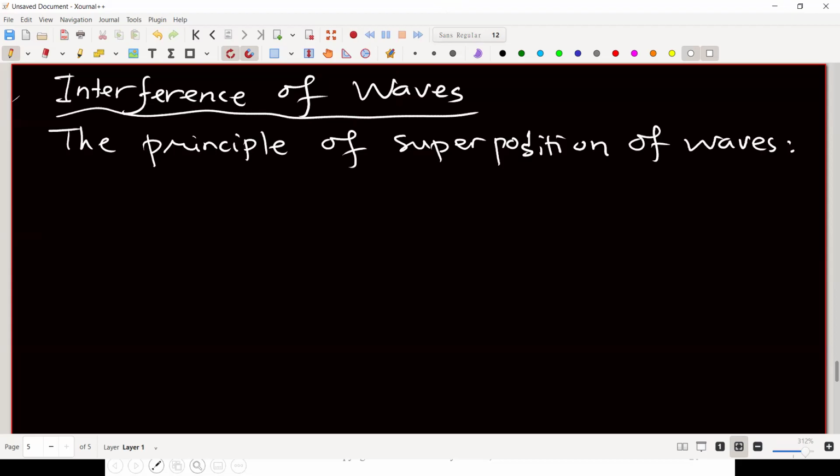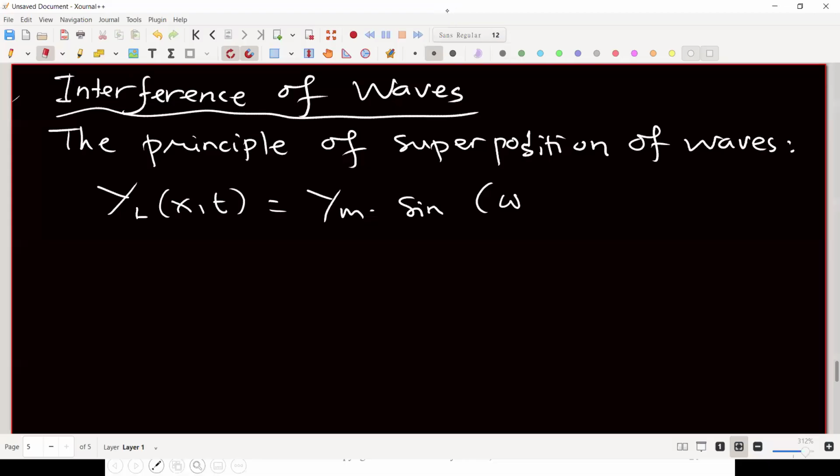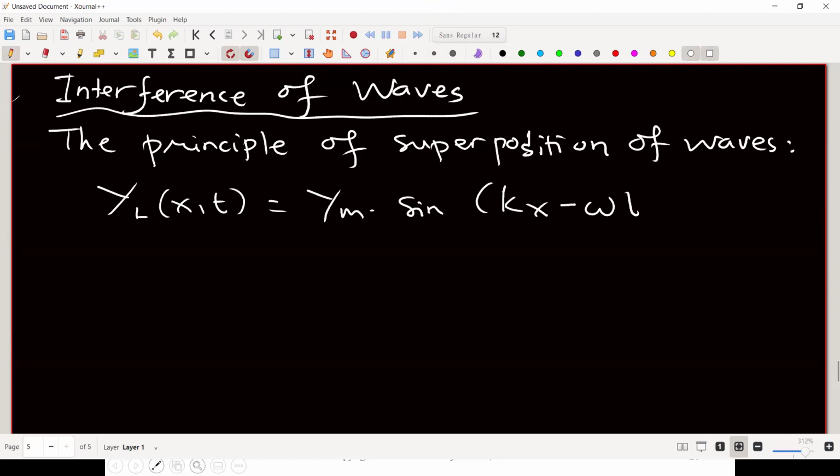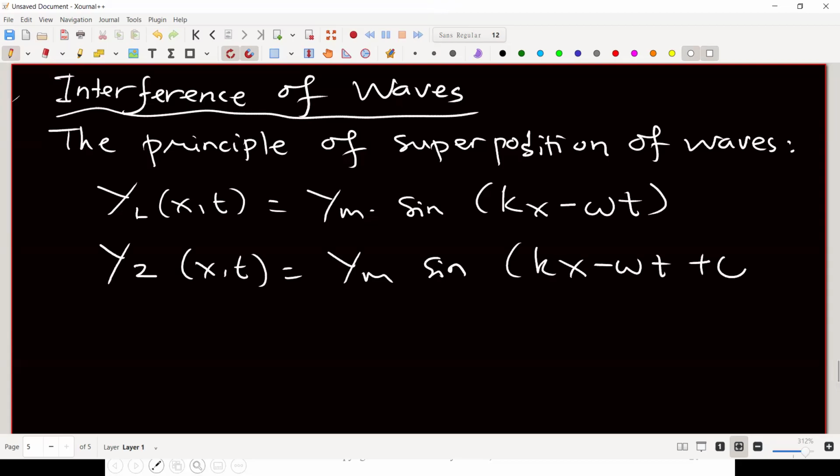So for example, if we have wave one, y1 of x and t, this one is ym sin(kx minus omega t), and then another wave y2, this one is ym sin(kx minus omega t plus pi).